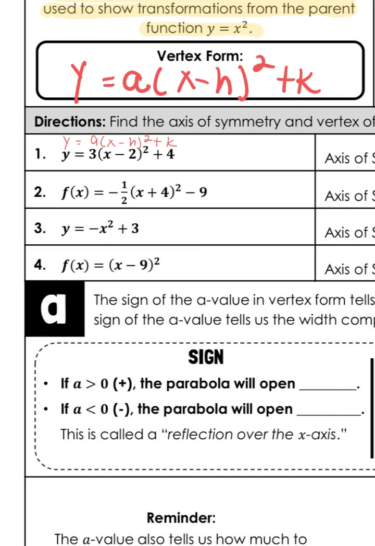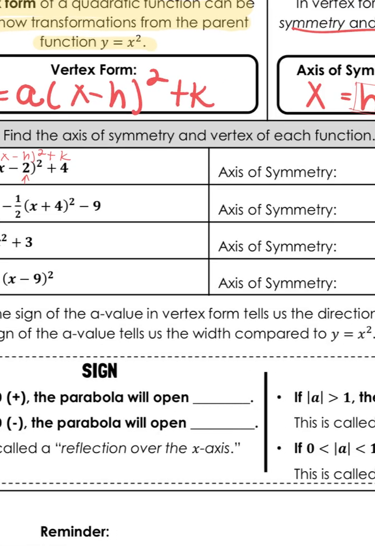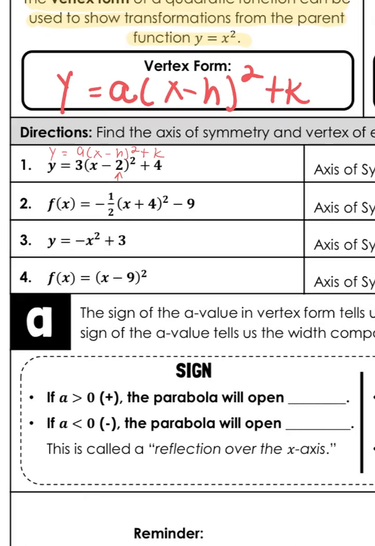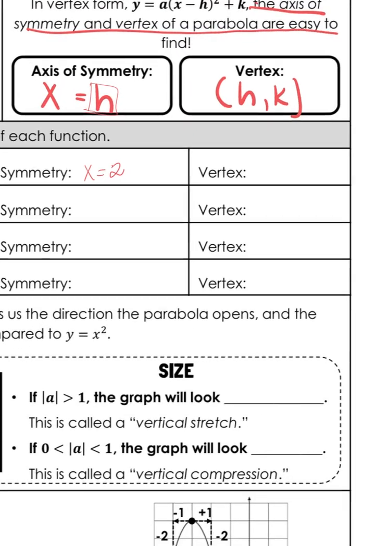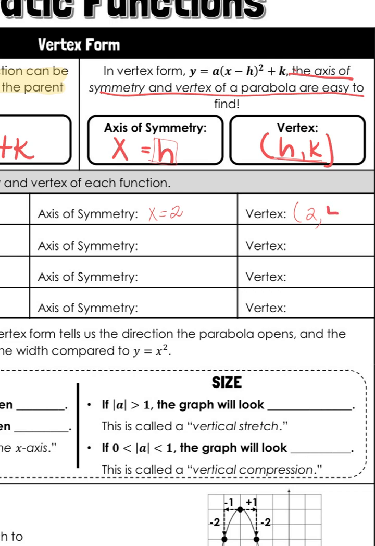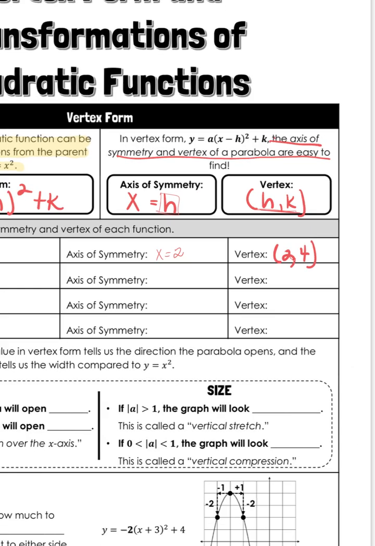So you go and find the h that's here. So the axis of symmetry is x equals 2. And the vertex, we said, is (h, k). So we know that h is 2 and k is 4. So there's no math involved at all. It's just identifying the parts.